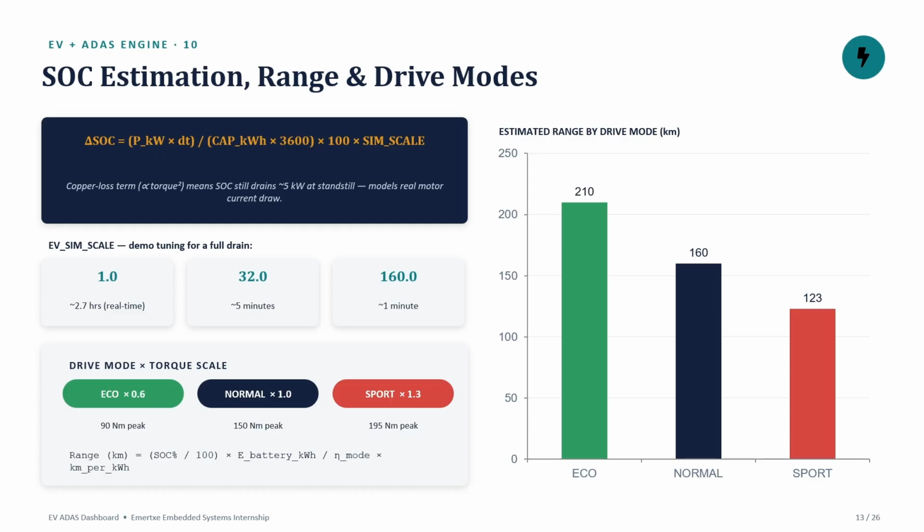Okay, so for that, we also have a calculation using this formula, delta SOC. The delta is used here because the state of charge is continuously changing based on the current power usage. For that, we have the power in, multiplied by time, per total kilowatt hour available.